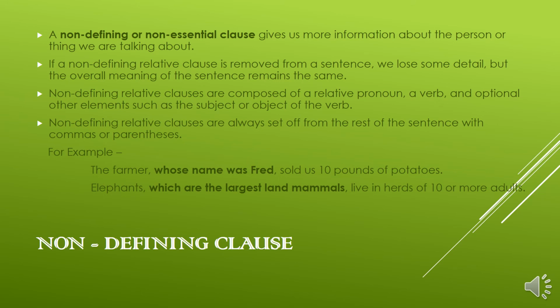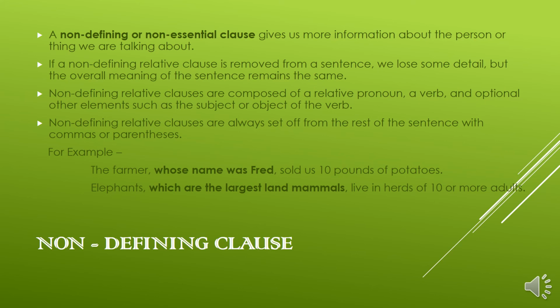Now let's take for example, the farmer whose name was Fred sold us 10 pounds of potatoes. Now what happens here? If I say the farmer sold us 10 pounds of potatoes, we could be talking about any farmer, right? But if I say the farmer whose name was Fred, here we're talking categorically about Fred, right?